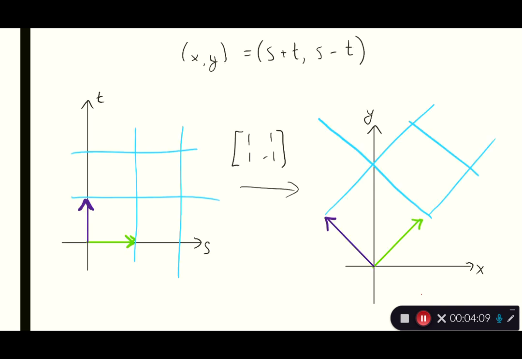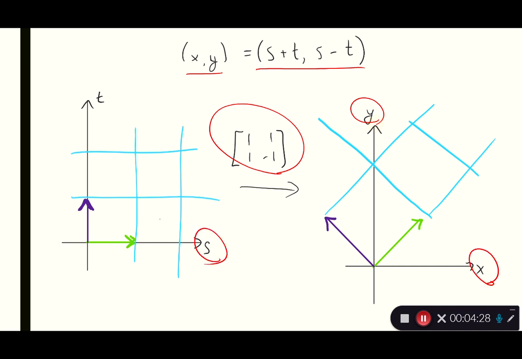So here, for example, we've got a linear function with two inputs and two outputs that's expressed by this matrix, 1, 1, 1, minus 1. And what this says is, okay, our x and y coordinates can be re-expressed in terms of some new coordinates, s and t, that draw these two different new directions.